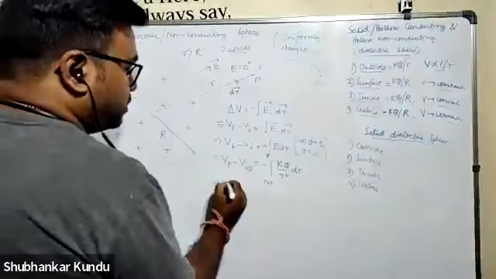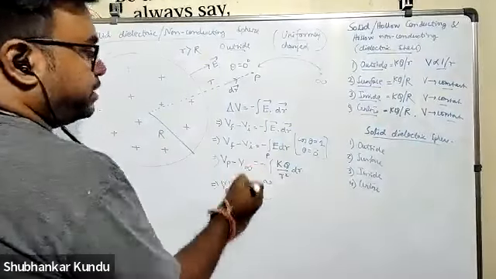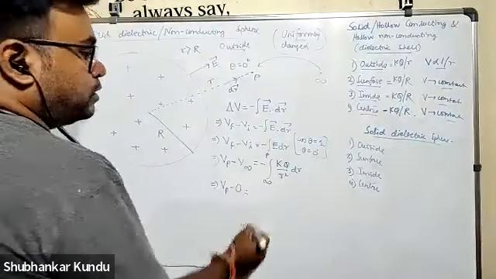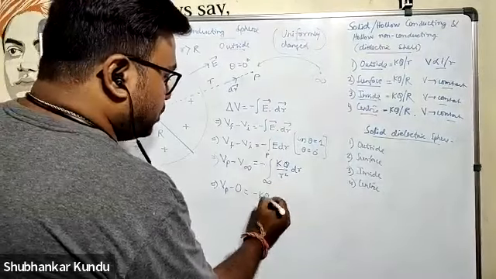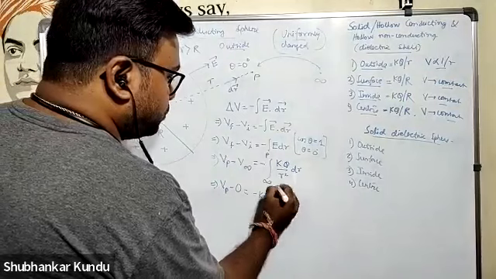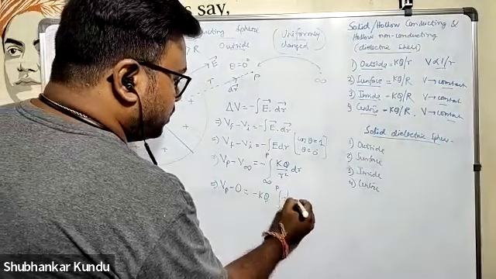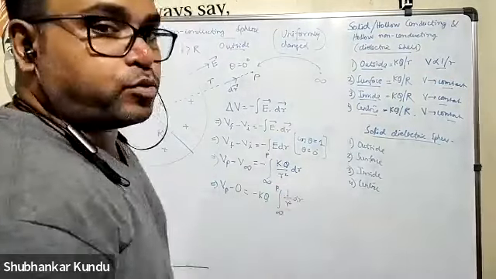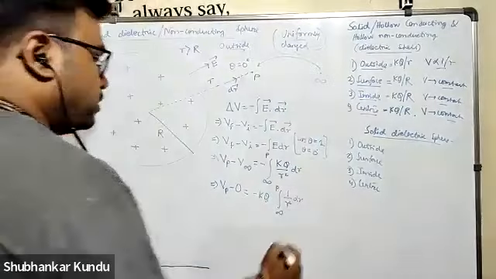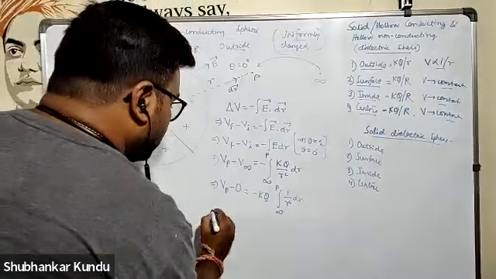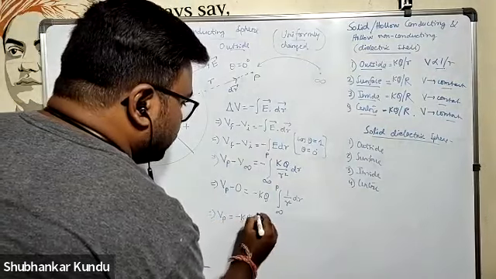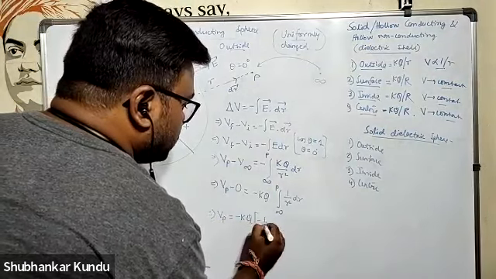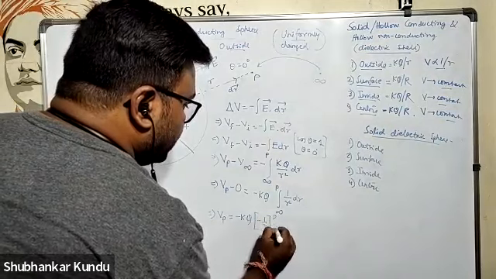We are asked to find the potential at P, Vp. V at infinity is 0. KQ being constant will come out: minus KQ, integral from infinity to P of 1 by r squared dr, and the integral of 1 by r squared dr is minus 1 by r. So Vp is equal to minus KQ times minus 1 by r, between P and infinity.